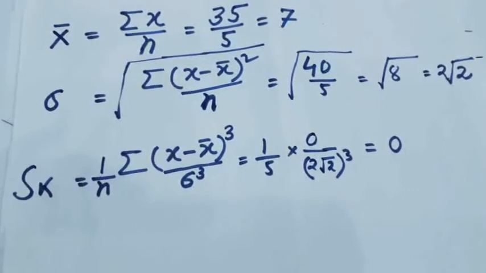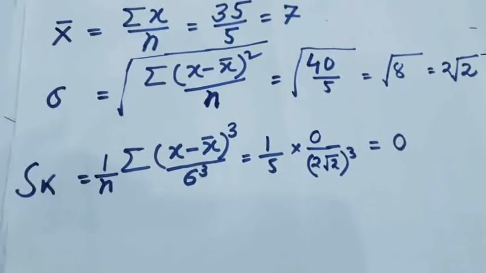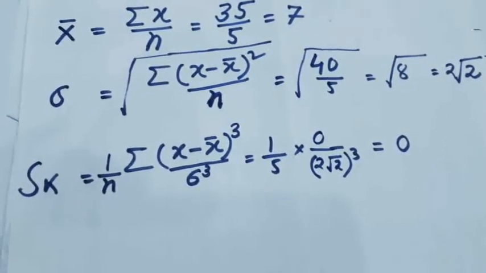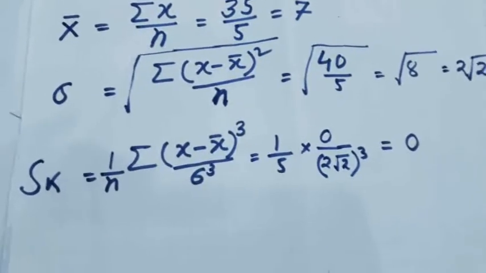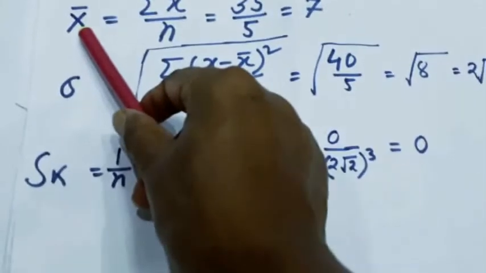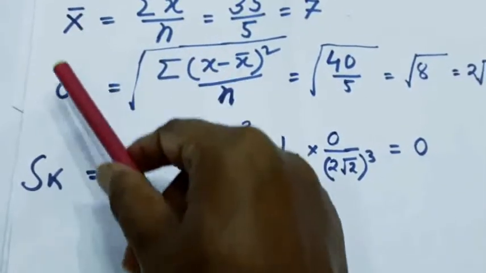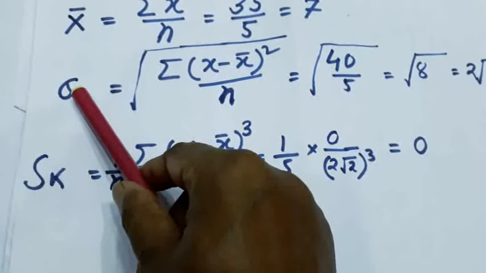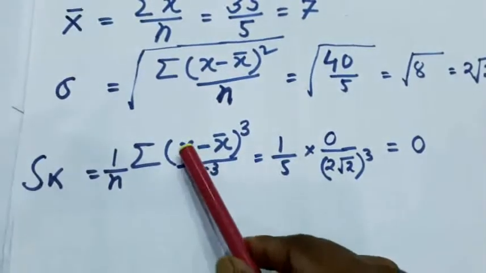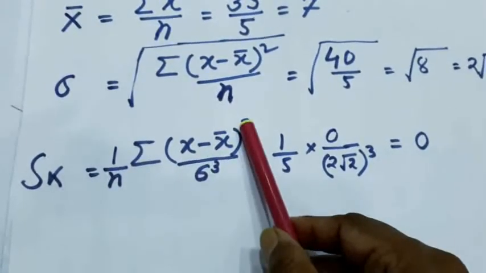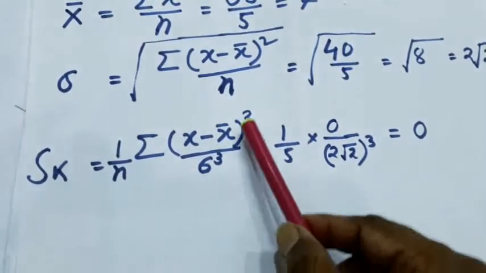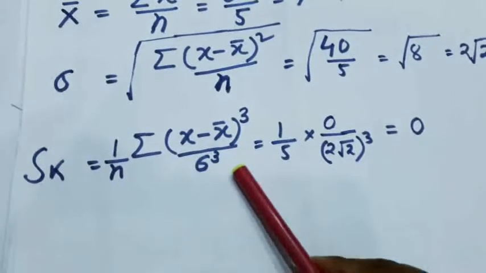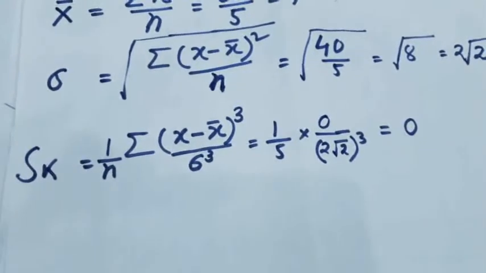So before we calculate the skewness, first and foremost work is to get the value of mean. Then we have to get the value of standard deviation. Then we have to get the value of sum of x minus x bar whole cube. After getting all the three values, then we will have to put it in the formula, and the result is the skewness.